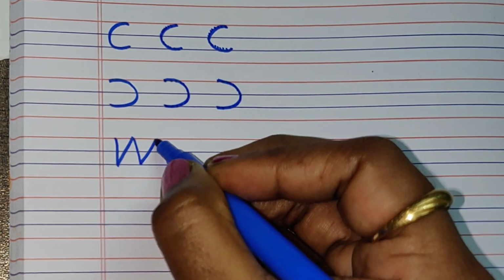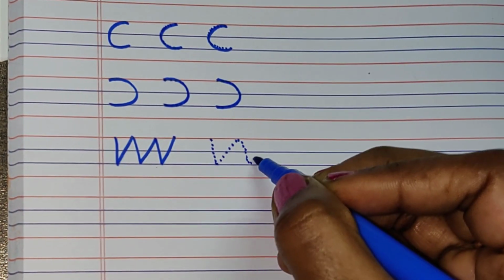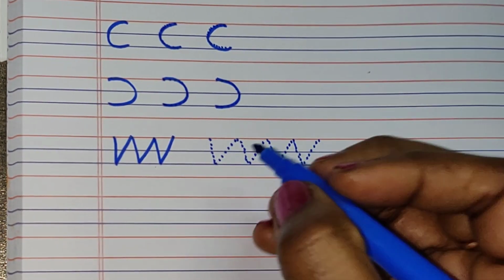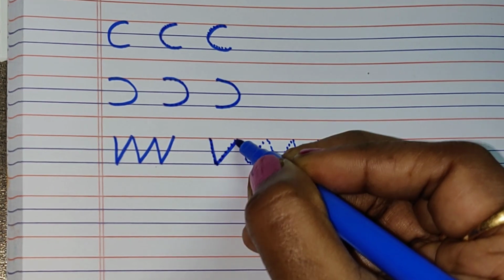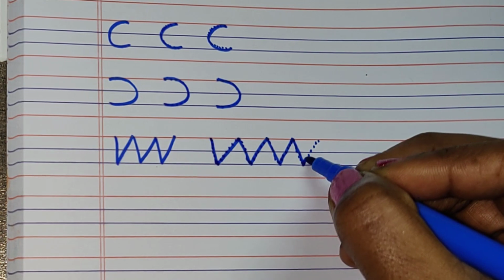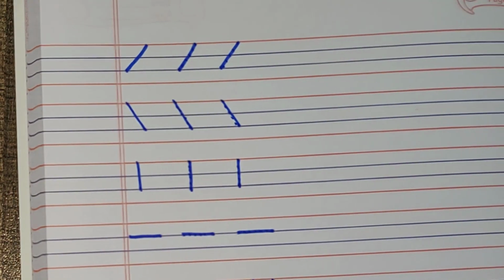So finally we are moving on to waves. So keep practicing. These waves will be useful to put W, M, and so on. So these are a very basic practice.